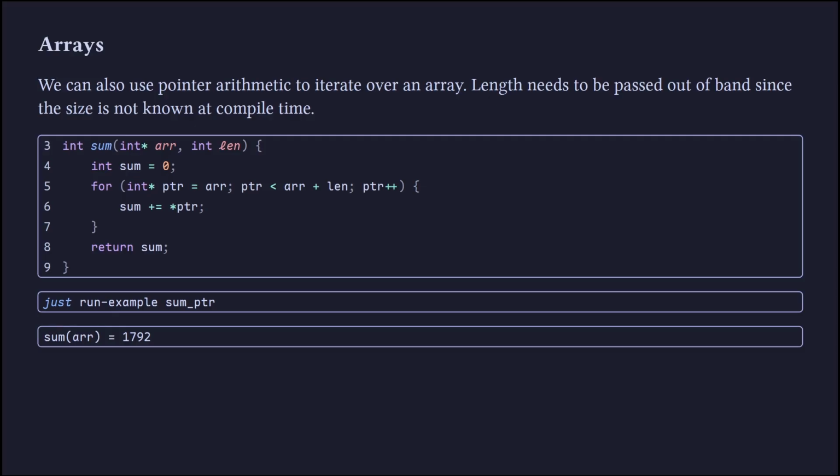We're able to just add 1 each time, as we do with the normal setup, but instead of adding 1 in address space, it's actually adding size of int in address space and then dereferencing each element and adding them together. Again, you should be able to run this example using just.